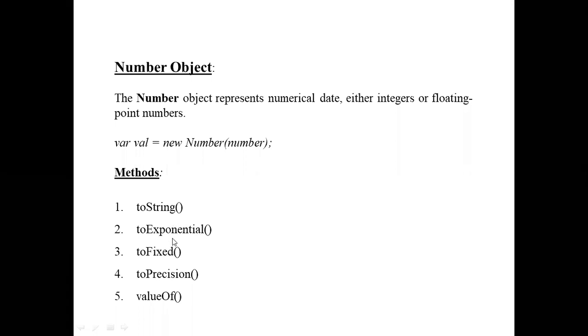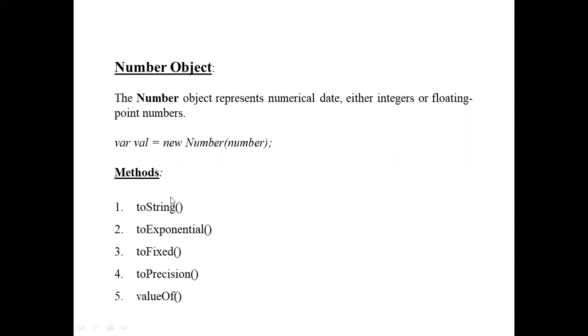Next, toFixed. It returns number with specified number of decimals. Then toPrecision. It returns number with specified length. Next, valueOf. It returns number as a number.